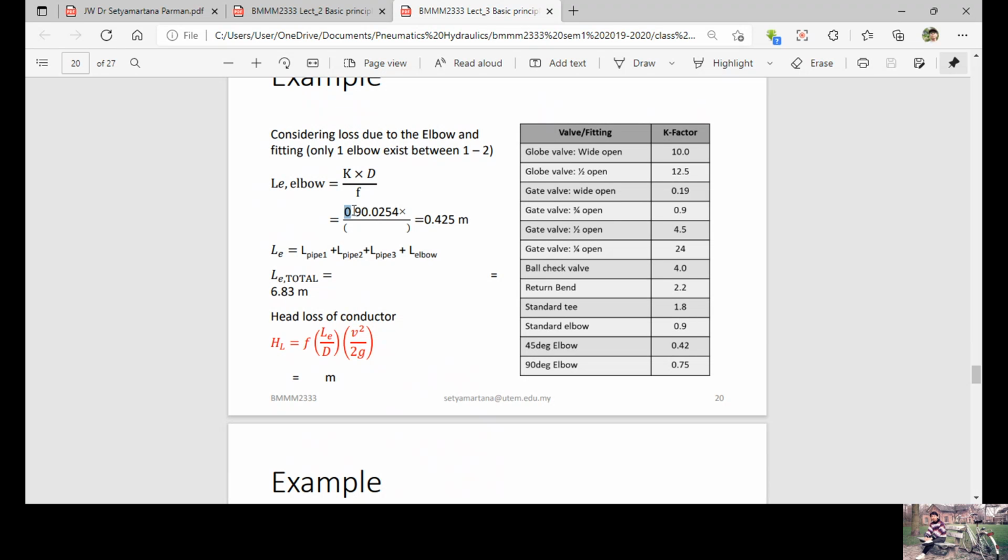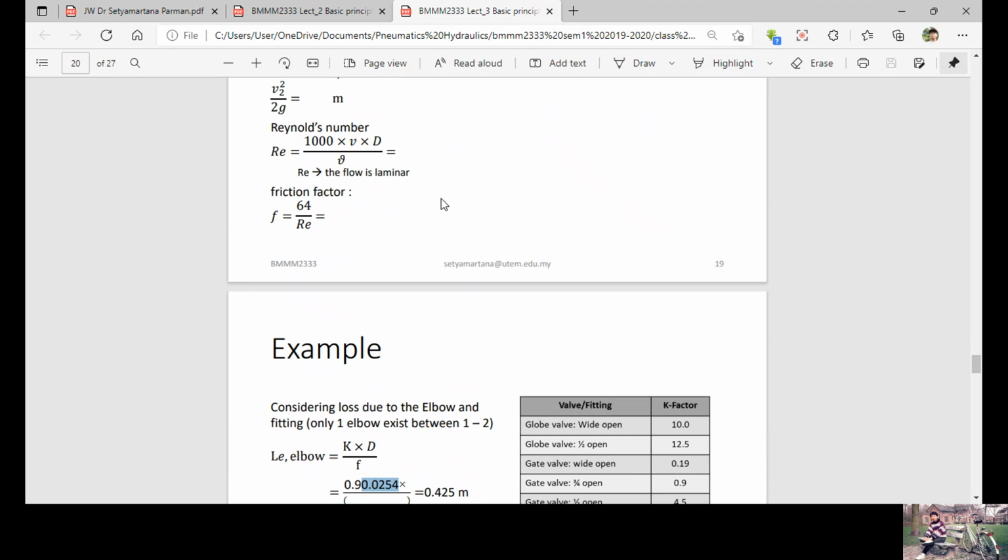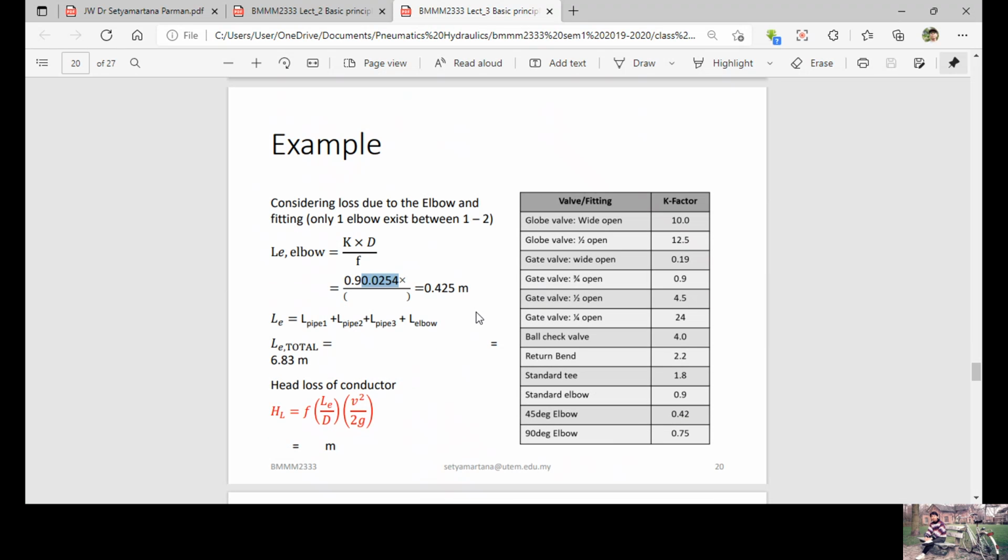So this becomes 0.9 multiplied with the diameter, 0.0254, taken to meter units, and then divided by the F. The F is calculated here. So if you calculate it, you will find this result, 0.425.